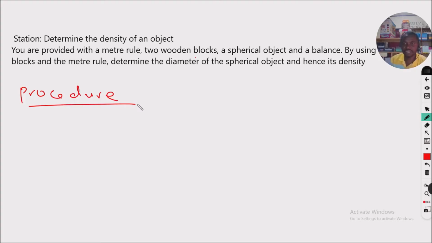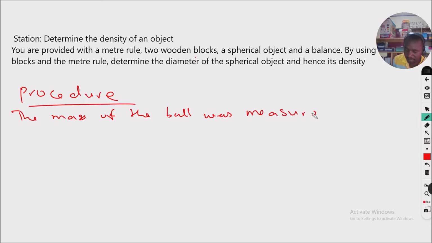You first start by saying, the mass of the ball was measured using the balance and recorded. Now you go to the next.